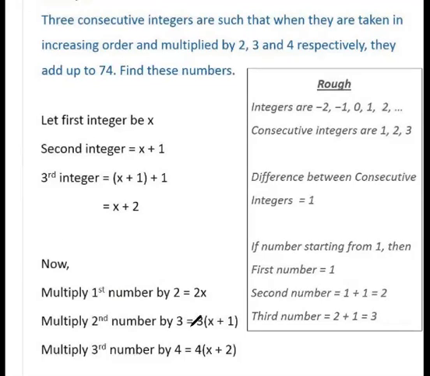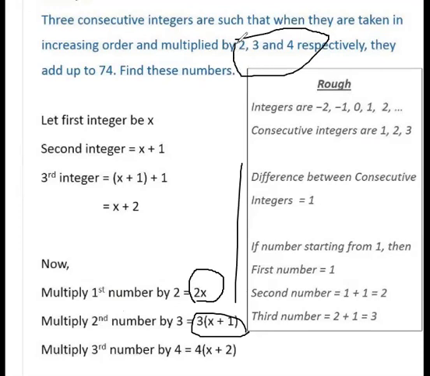Moving forward, now the first multiple will be 2x, the second 3 times x plus 1, that is 3 bracket x plus 1, and the third 4 bracket x plus 2. Why this? Because they have written 2, 3, 4 respectively.